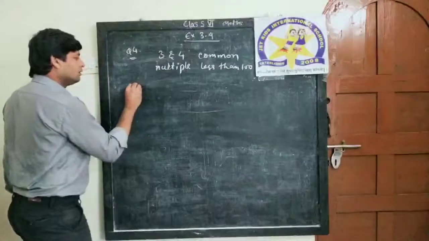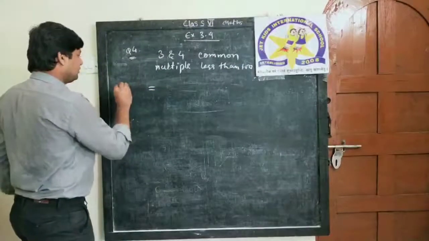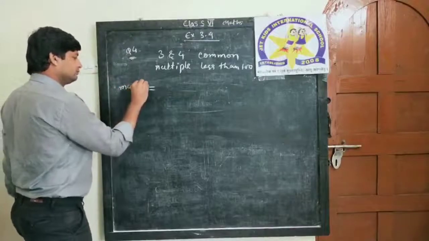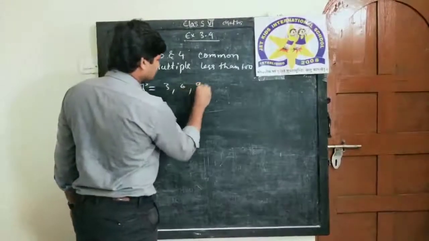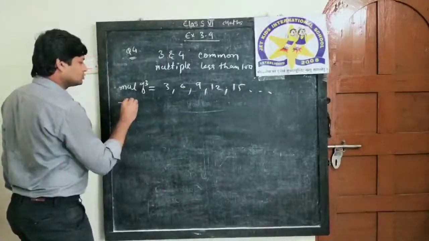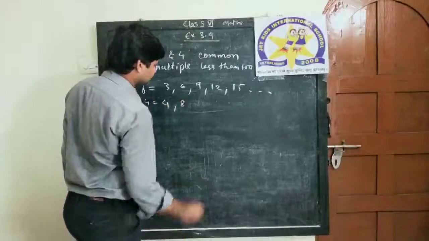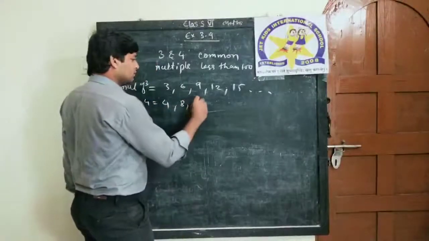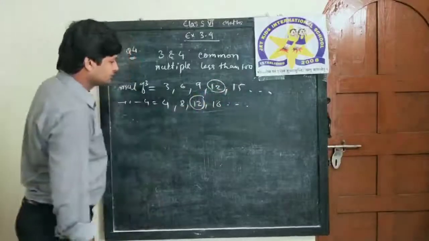Multiples of 3: 3, 6, 9, 12, 15. Multiples of 4: 4, 8, then 12, then 16, and we got our first one.